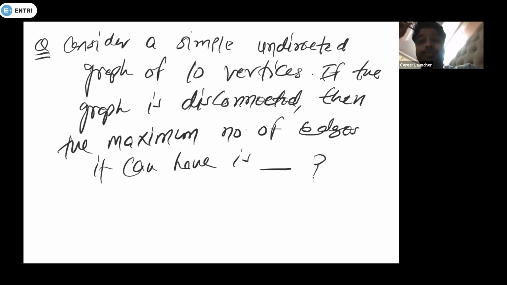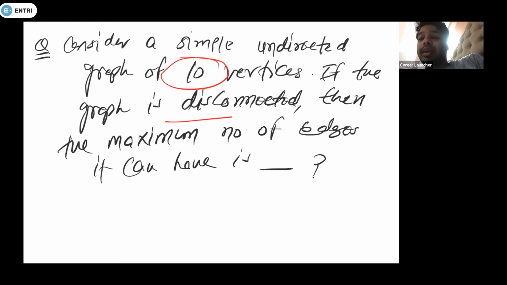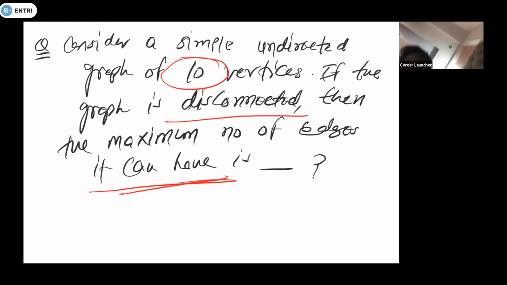So here, a simple undirected graph of 10 vertices. If the graph is disconnected, then what is the maximum number of edges? If the graph is disconnected, then what will happen? It divides into components. Okay, so let's see this one.